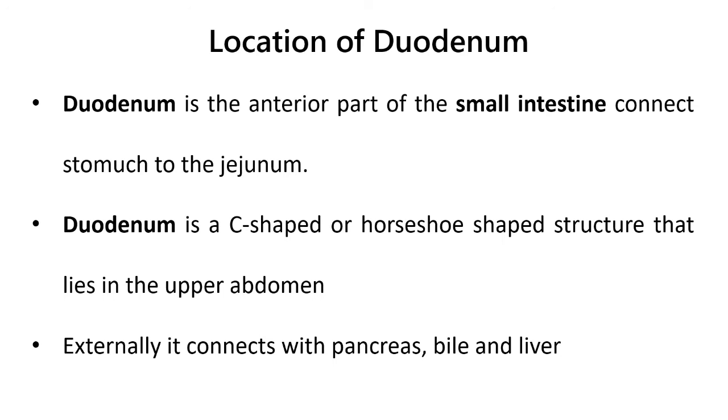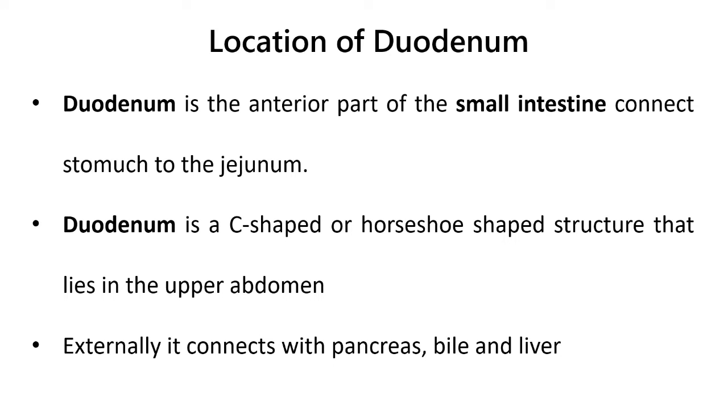Duodenum is an anterior part of small intestine and it connects stomach with jejunum. It is a C-shaped or horseshoe-shaped structure, lies in the abdominal cavity. Externally, the duodenum connects with pancreas, bile duct and liver.